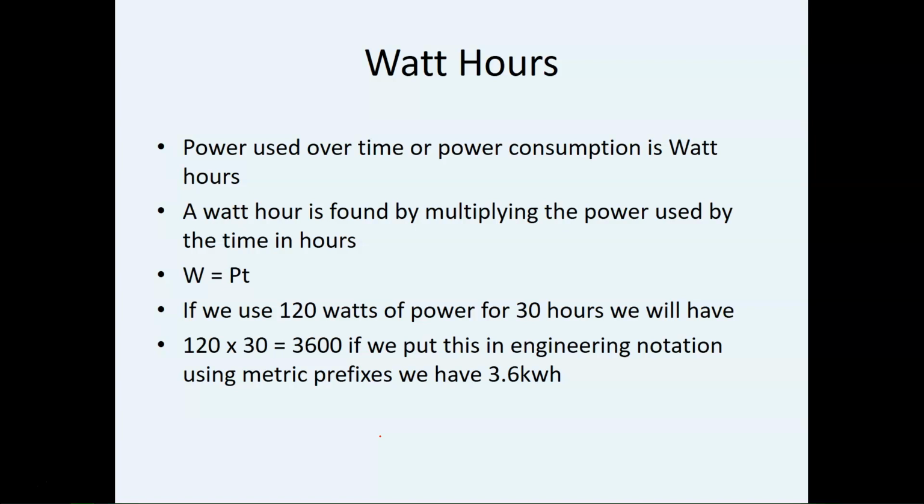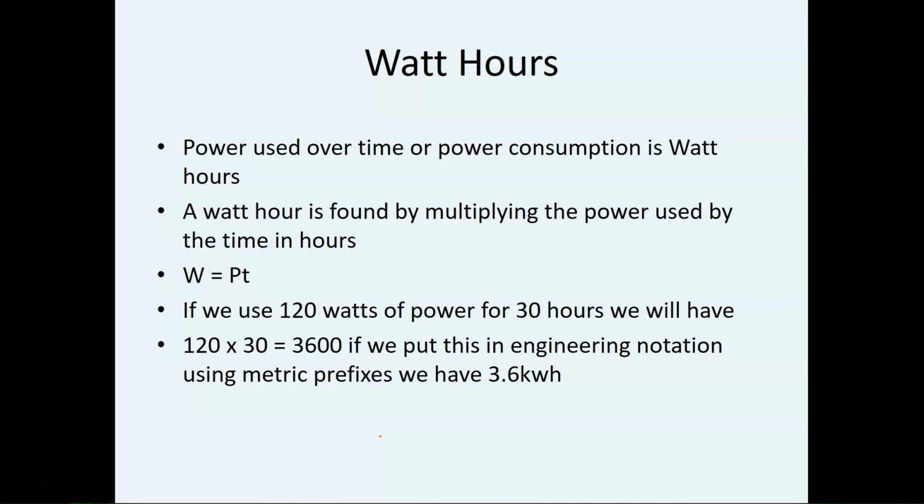And so thus you can start building up a picture of what you can do to save on your power bill, essentially. So in this case, they're telling you that you use 120 watts of power for 30 hours. By multiplying this out and putting it in engineering notation, you would then get 3.6 kilowatt hours.